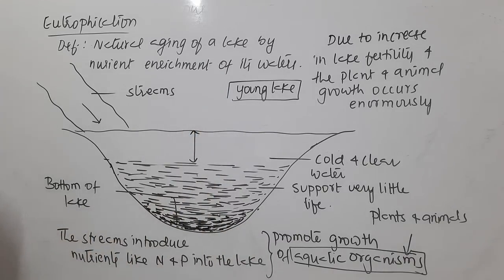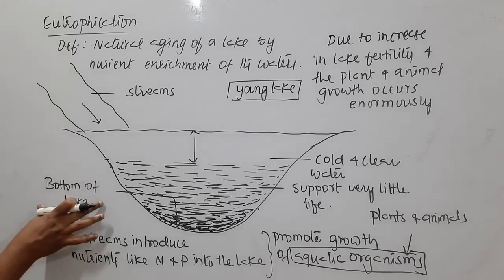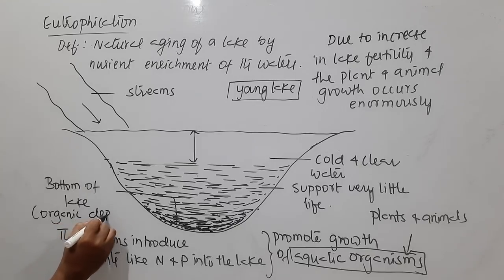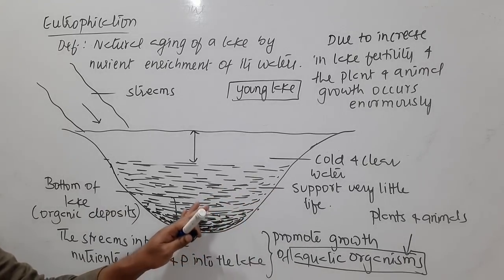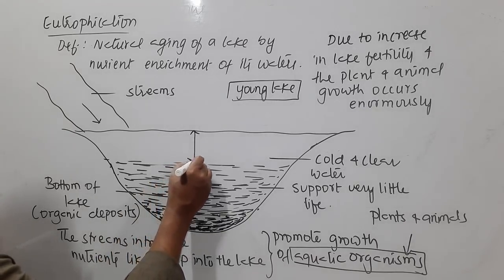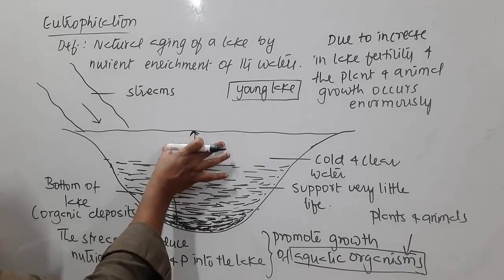So this is the bottom of the pond. It contains organic deposits, formed from the dead remains of those aquatic organisms, along with the silt. So this organic deposit consists of silt and the organic matter from those aquatic organisms. Now you can see the pond became shallower.